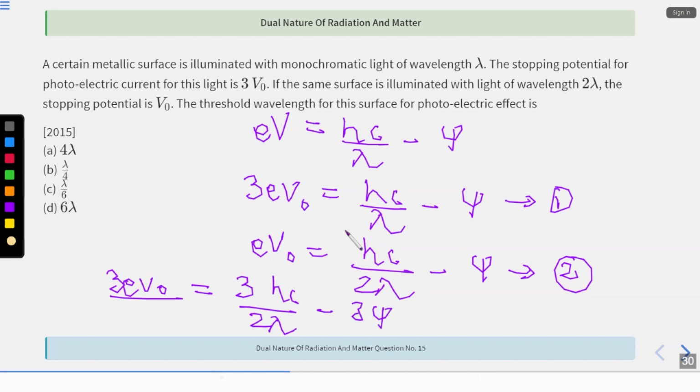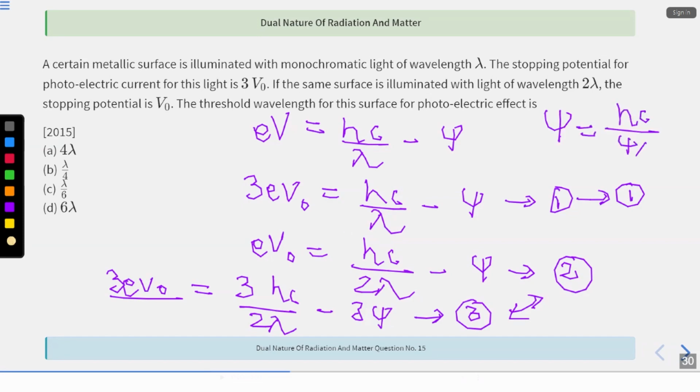So multiplying equation 2 by 3 and subtracting it from equation 1. So I multiply, this is my equation 3, right? So I multiply these two and then subtract it from equation 1. So with this, I'll get that my phi is nothing but hc by 4 lambda. Okay.